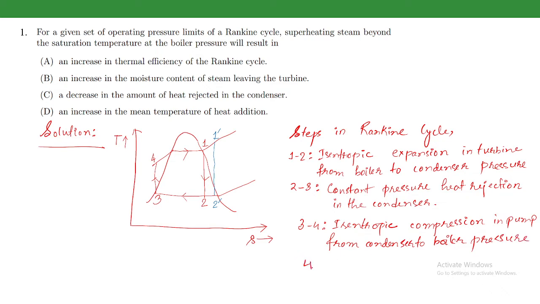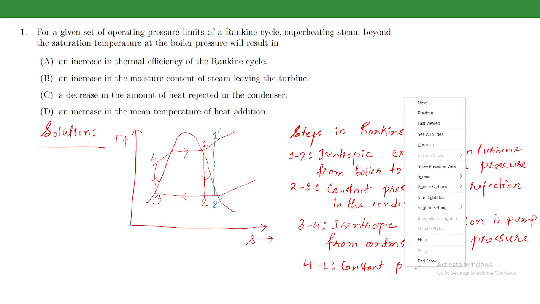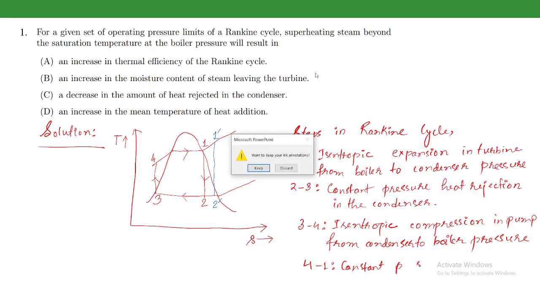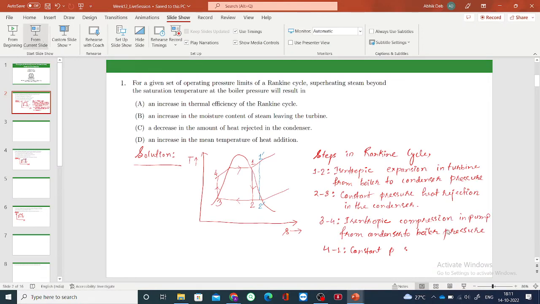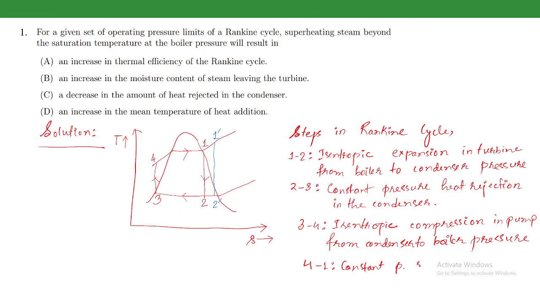And 4 to 1 is the constant pressure heat addition in the boiler.